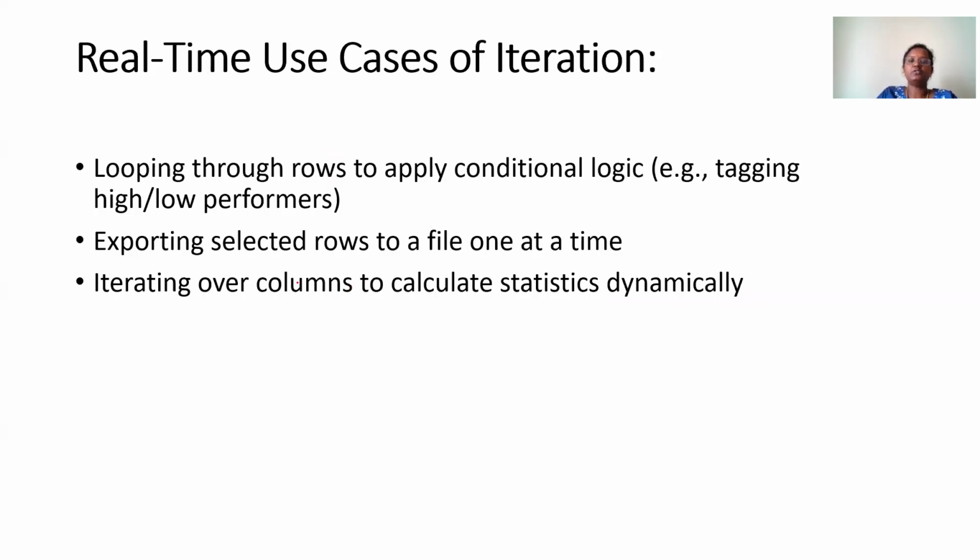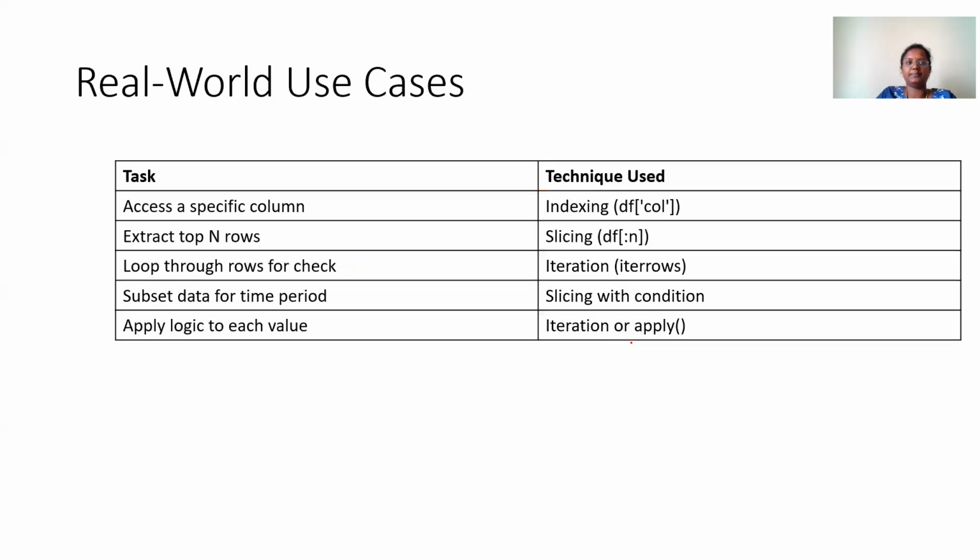Where do we use iteration? Looping through the rows to apply conditional logic to find high or low performance, exporting the selected rows to a file one at a time, and iterating over columns to calculate statistics dynamically.